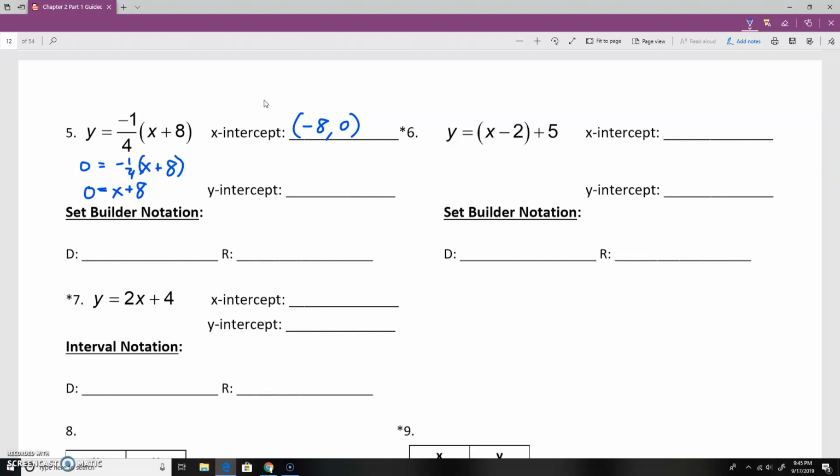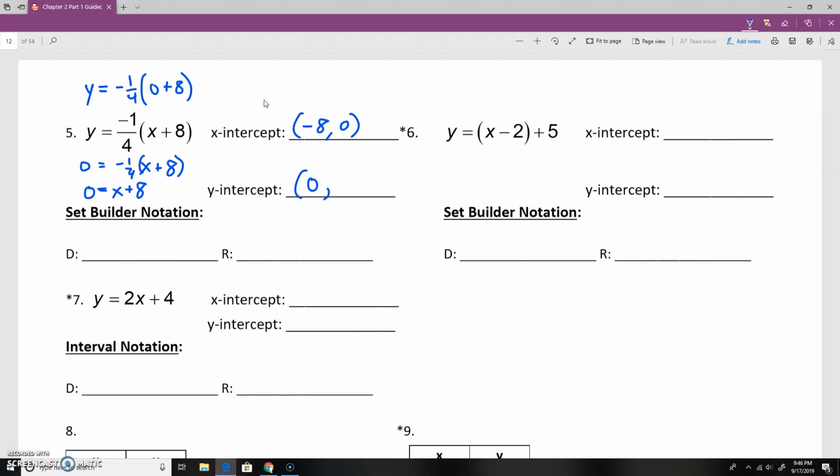Now our y-intercept is found where x equals 0. So I'm going to do this on top here. We're going to put 0 in for x. Okay. Negative 1/4 times 0 plus 8. 0 plus 8 is 8. Negative 1/4 times that. Plug that in the calculator or work it out by hand, whatever works best for you.